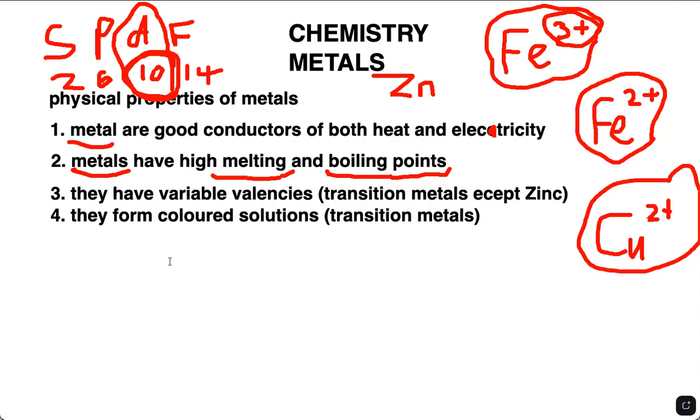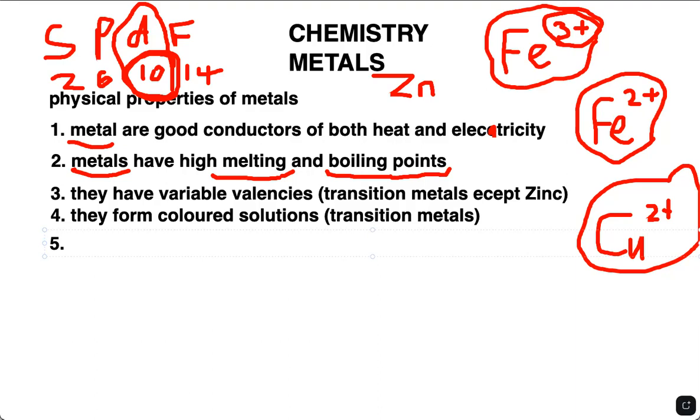Most of these metals are transition metals, and they form particular colors because they have particular valences. So the potassium permanganate that we use in the lab to demonstrate diffusion, the movement of colors in a solution, is because of a particular valence that it has.